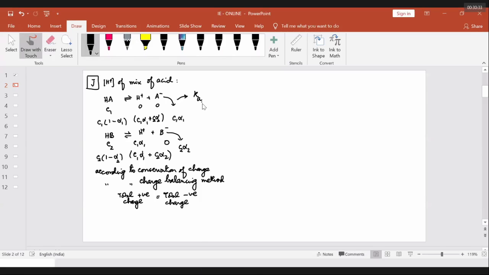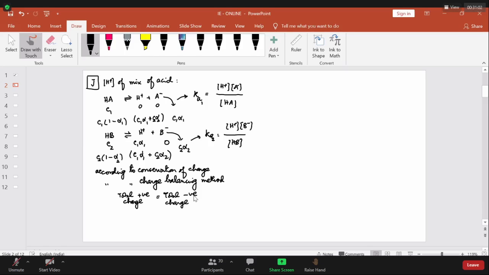What is Ka1? It is equal to concentration of H plus ion into concentration of A minus by concentration of HA. Similarly, Ka2, what is that? This is not second stage dissociation as I have done in the case of H2S. It is a second electrolyte, second weak electrolyte. It is equal to concentration of H plus into concentration of its anion by undissociated HB.